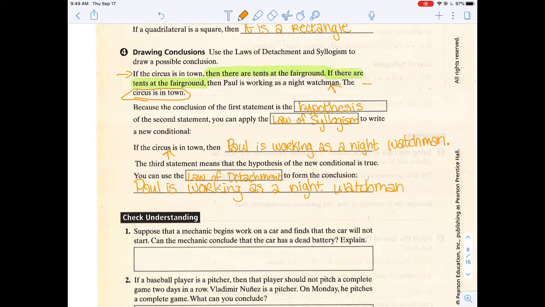Okay, so first we use the law of syllogism to jump from if the circus is in town, then Paul is working as a night watchman. Then it told us the circus is in town, so we use the law of detachment to figure out that Paul is working as a night watchman right now.